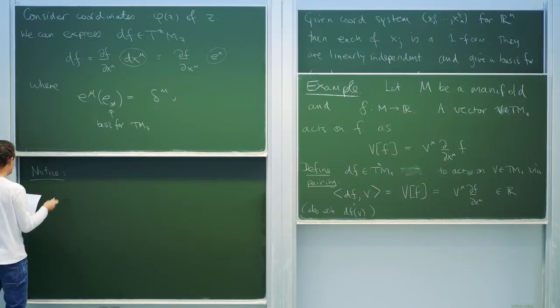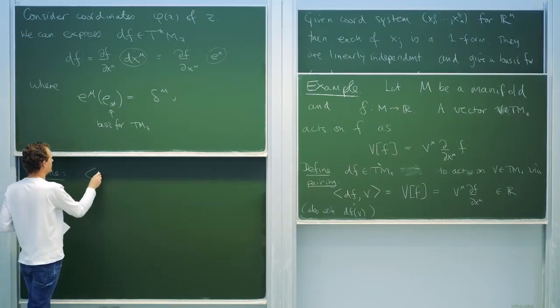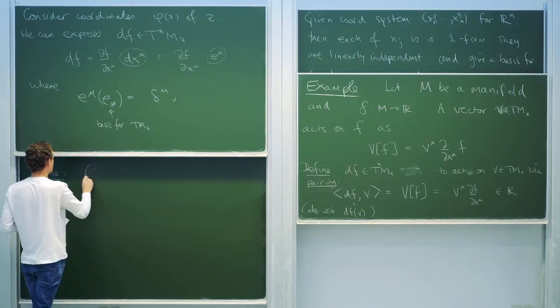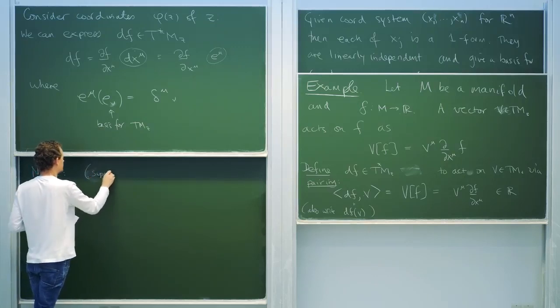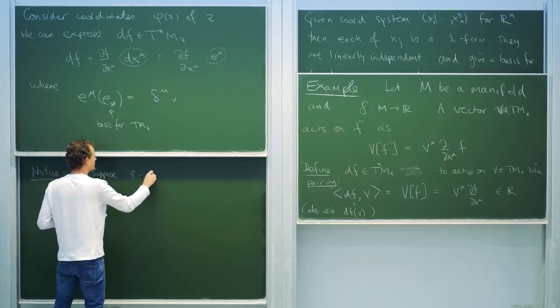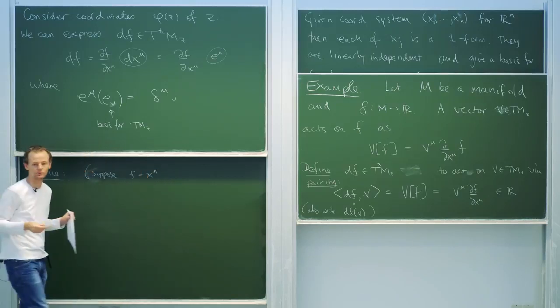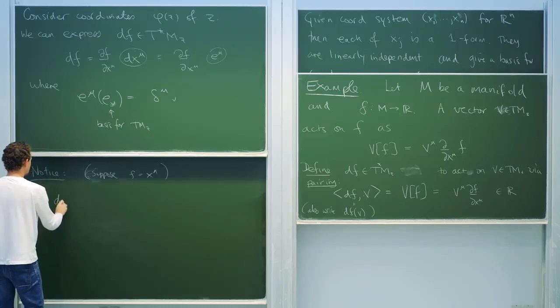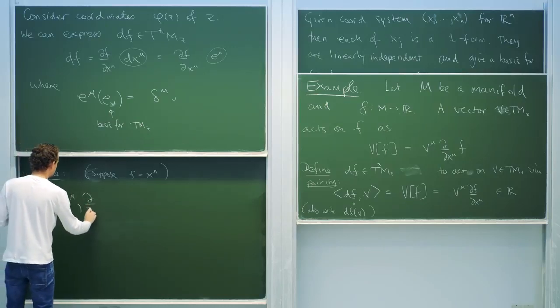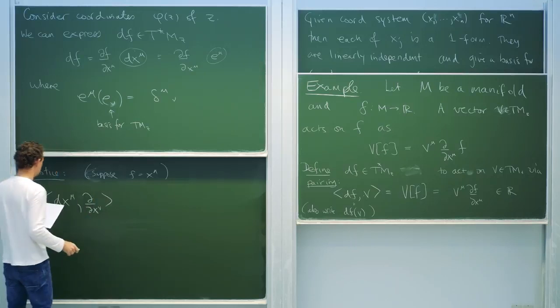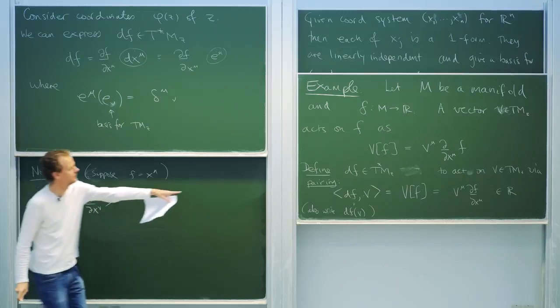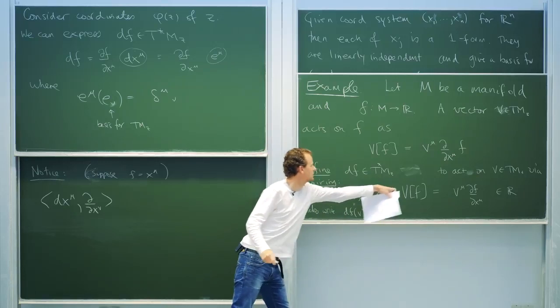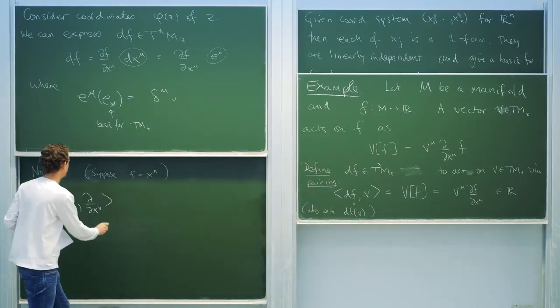To see that, we'll just notice that suppose f equals the coordinate function x mu, then we have that dx mu, the way it's defined to act on a vector v, is according to that formula there.